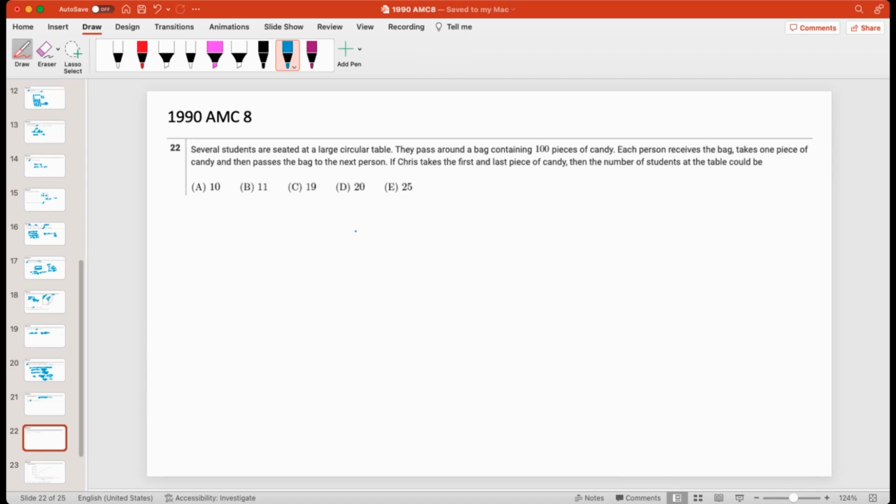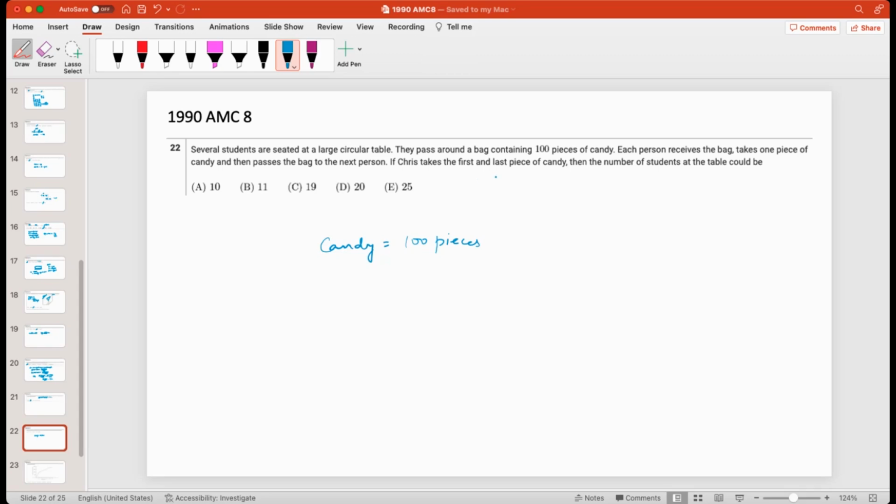Several students are seated at a large circular table. They pass around a bag containing 100 pieces of candy. So I have candy, which is 100 pieces. Each person receives the bag, takes one piece of candy, and then passes the bag to the next person.